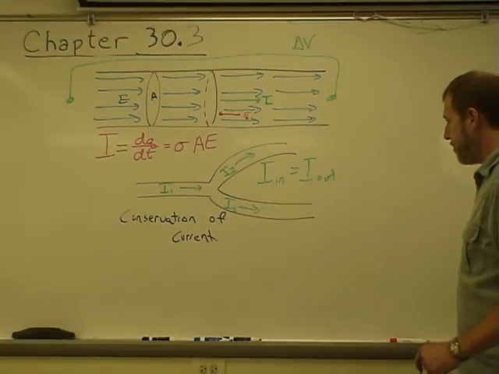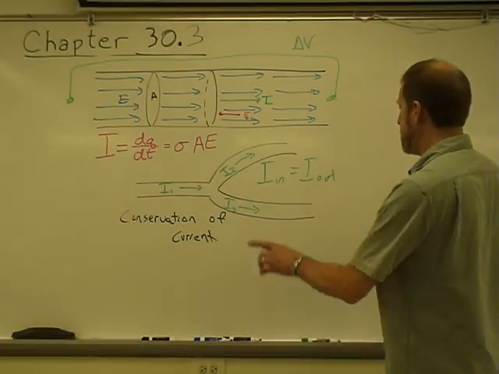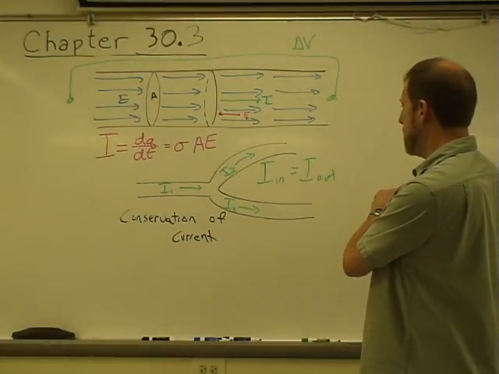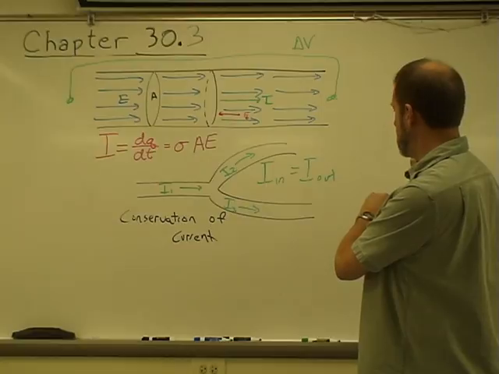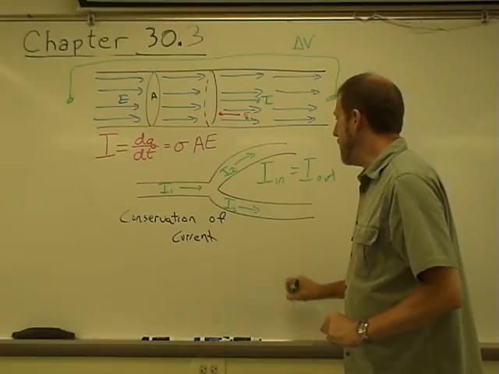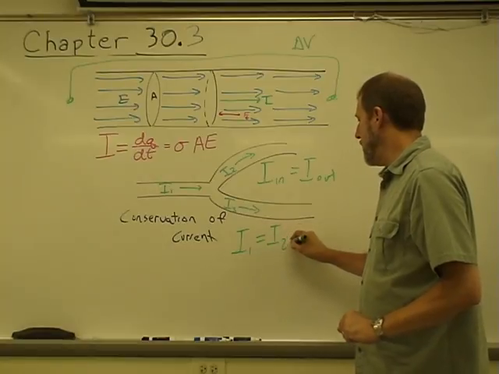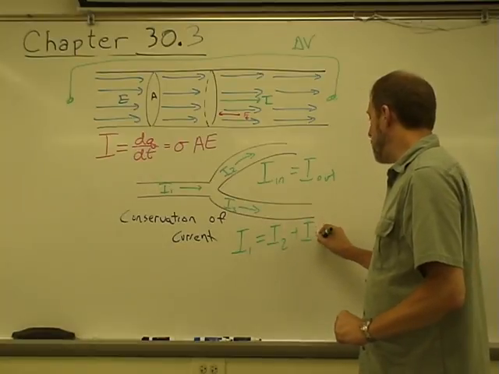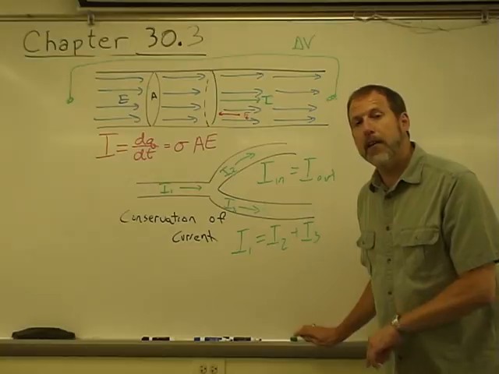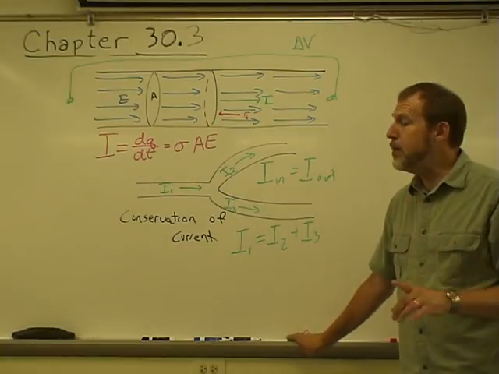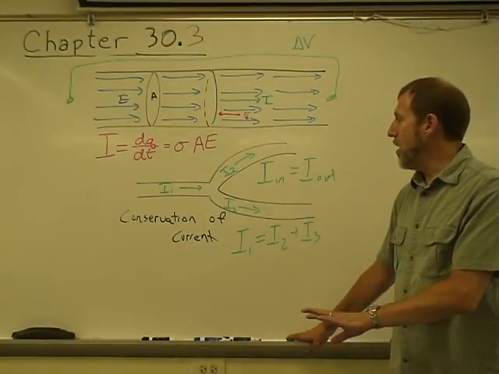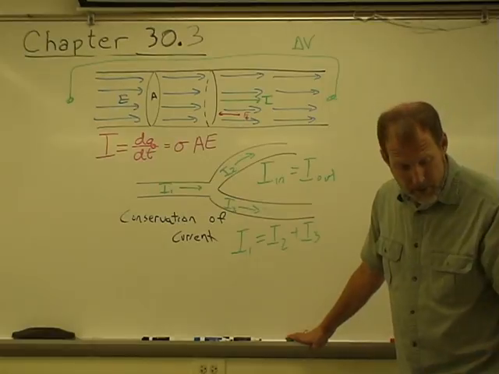So in this case, I1 must be equal to I2 plus I3. That seems very straightforward, but we're going to find that it's exceptionally powerful when analyzing the general flow of current through circuits.